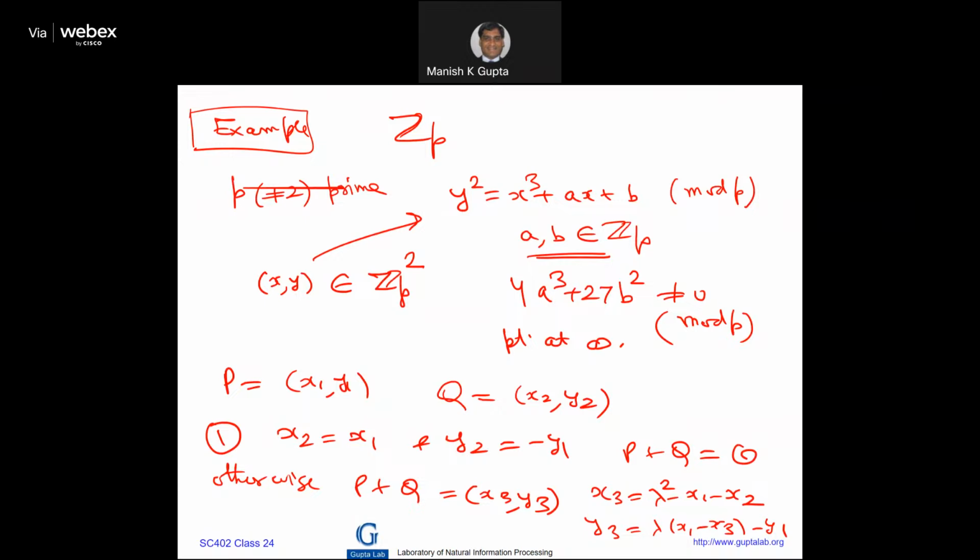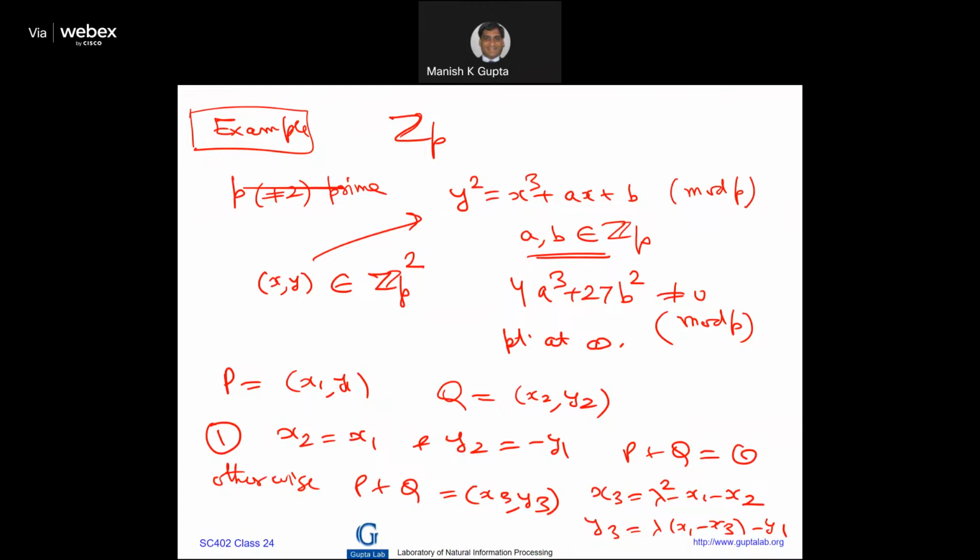The point at infinity is the identity, because P plus O is equal to O plus P is equal to P for every P on the elliptic curve. And for any point P you can find an inverse point Q also. So this whole thing forms a group.